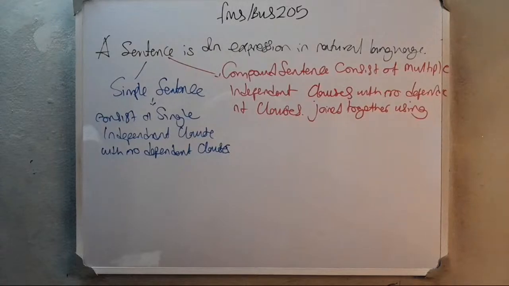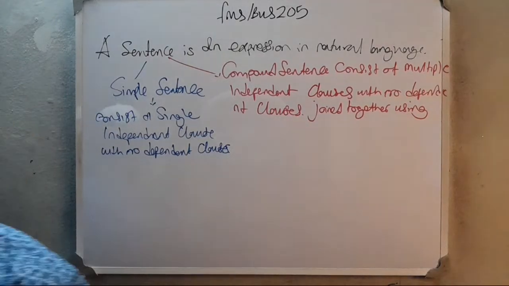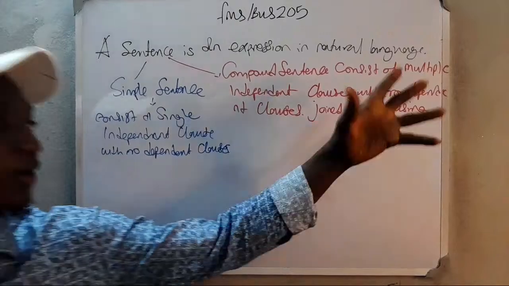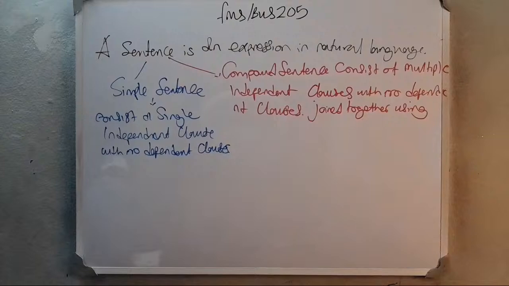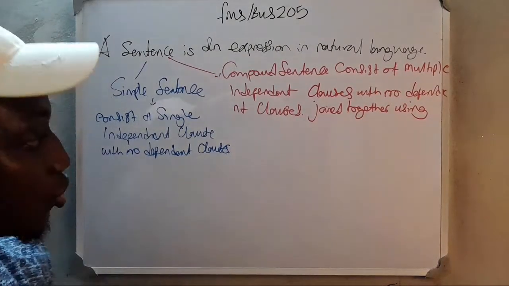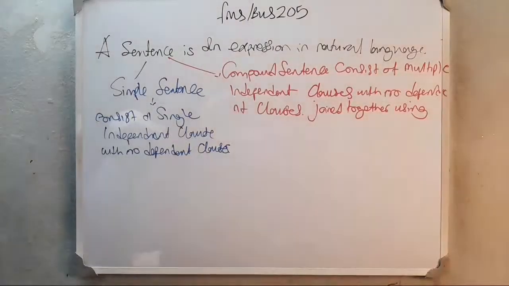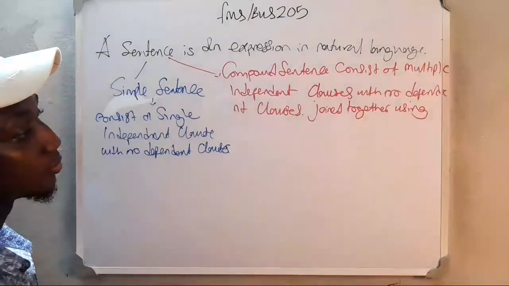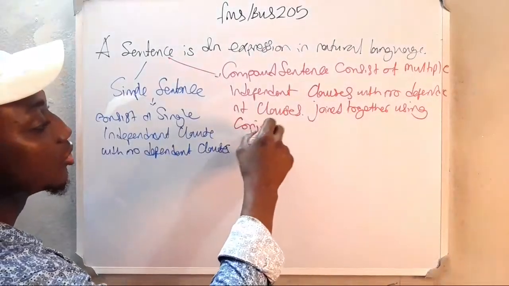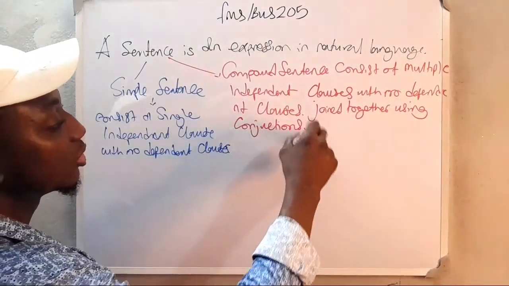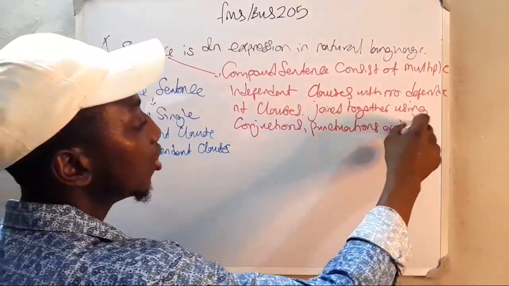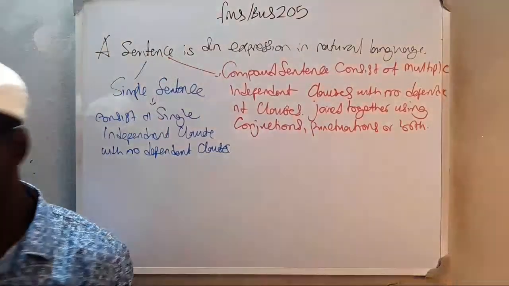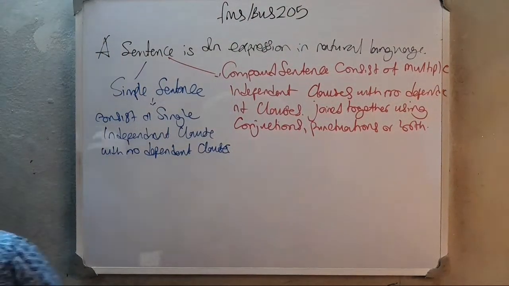Similarly, we have compound sentences, multiple independent clauses joined together using conjunctions, punctuations, or both. So we have that.